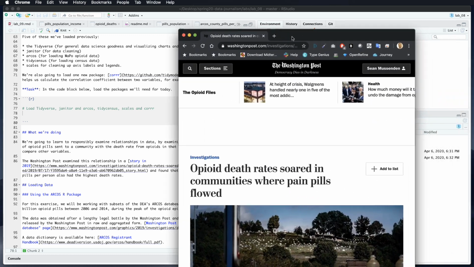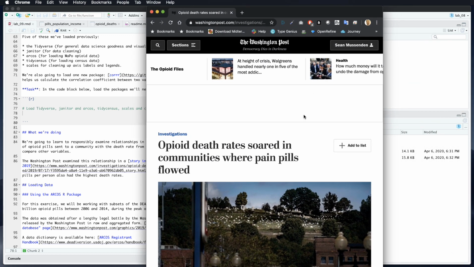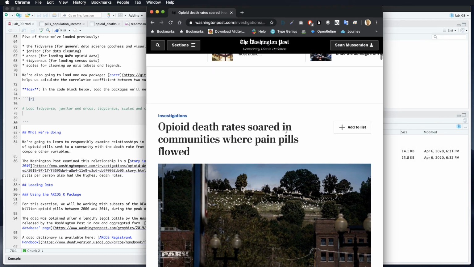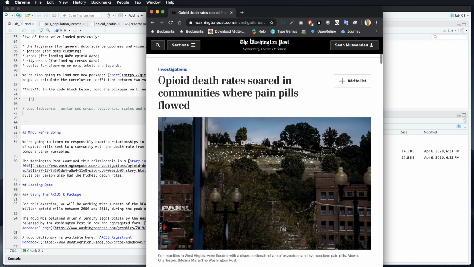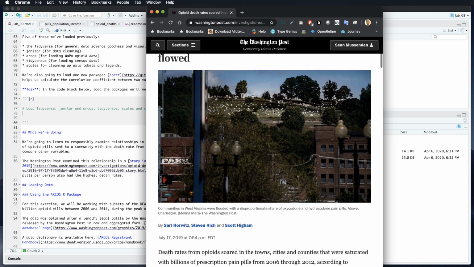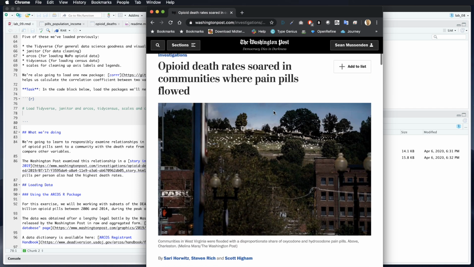A lot of this is intellectually inspired by a story the Post did last summer in July, where they looked at how opioid death rates compared with the rate of pills as they were shipped to those communities.